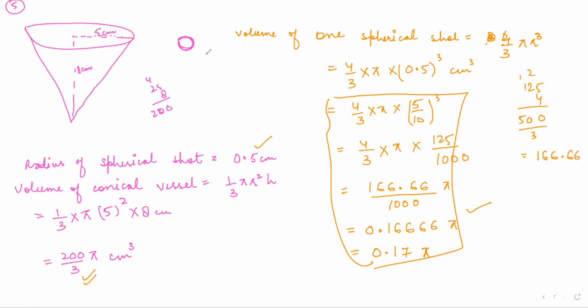So how much is 0.5 into 0.5 into 0.5? So you get 125 divided by 1000. Clear? So that gives you 0.125. Now you multiply this by 4. So 4 into 5 is 20. 8 and 10. Right. And then 4. So you get 500.